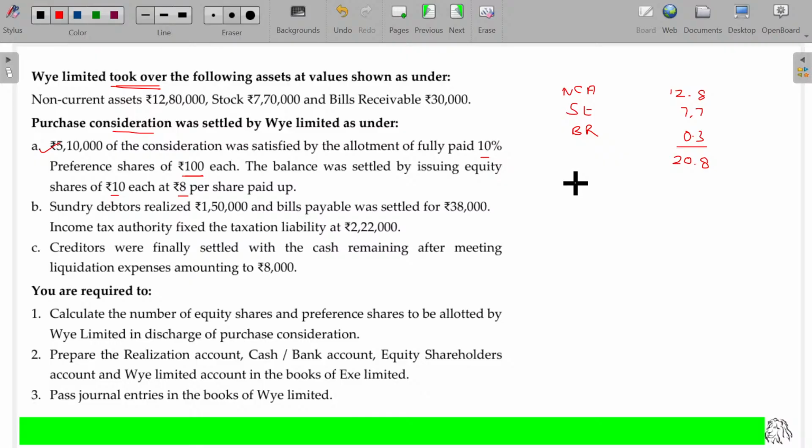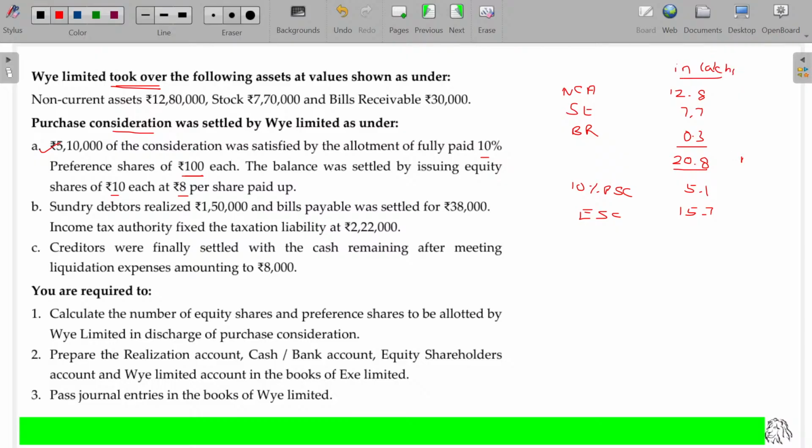Out of that, 10% preference share capital being 5.1 lakh. Balance being equity share capital. How much is that? 15.7, this is in lakhs.